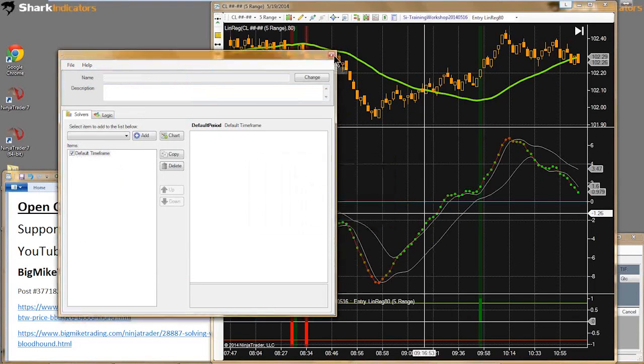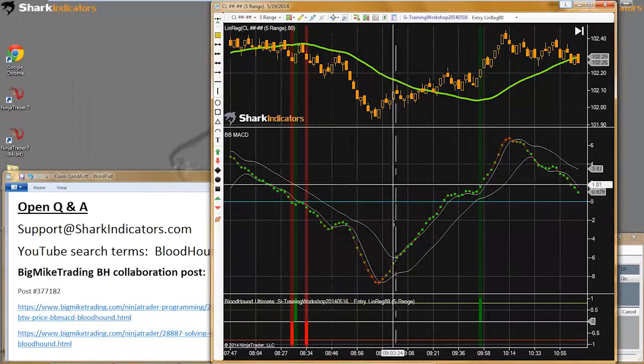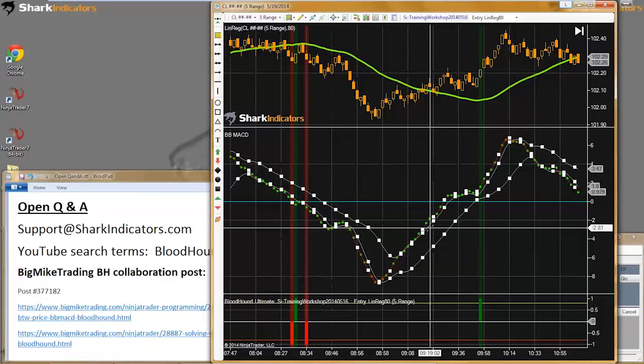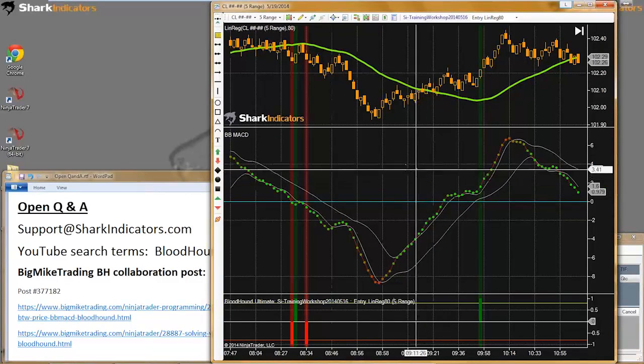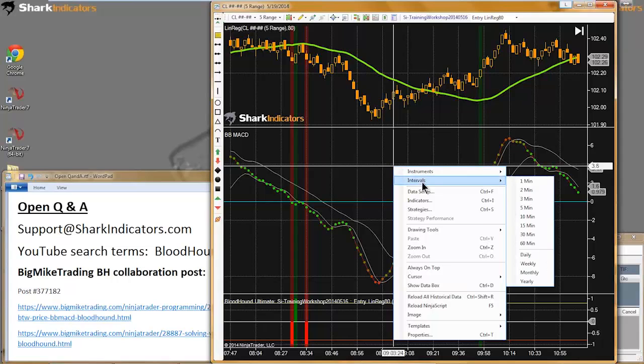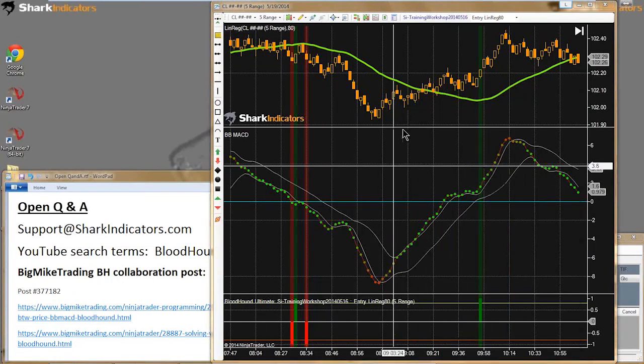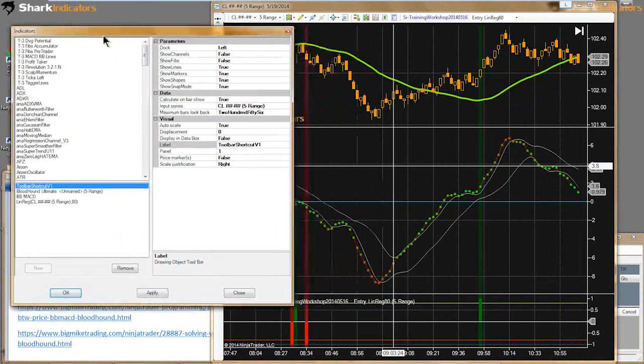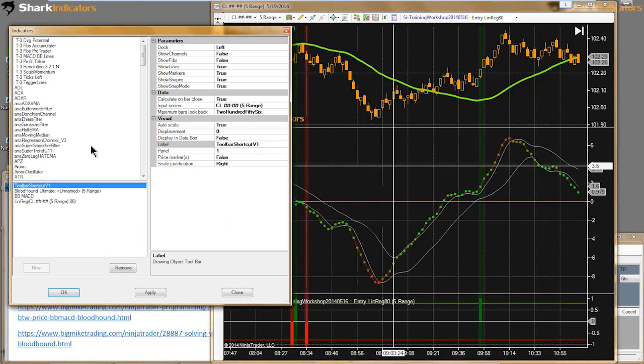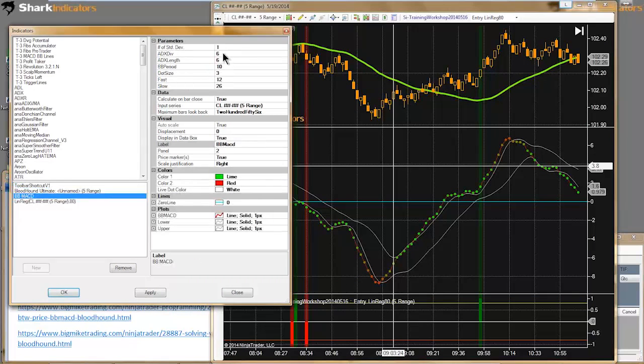See if anybody's looking for it. It might also be available on Ninja's download forum as well. I think you can recreate this without this special indicator. So let me just get the settings here first.